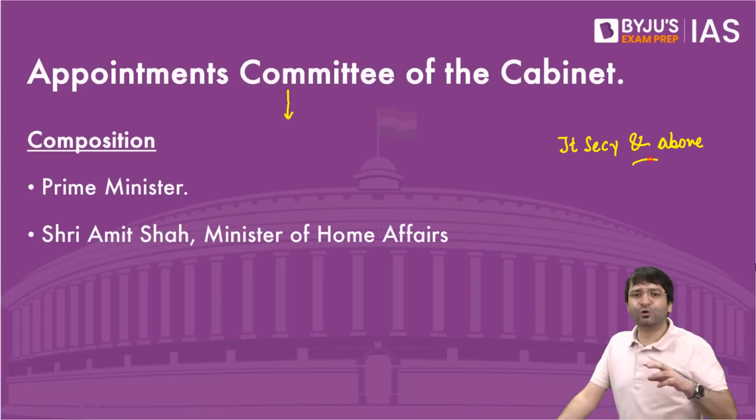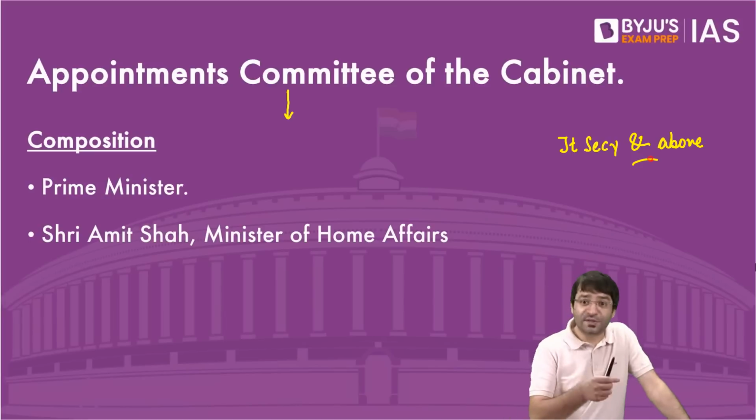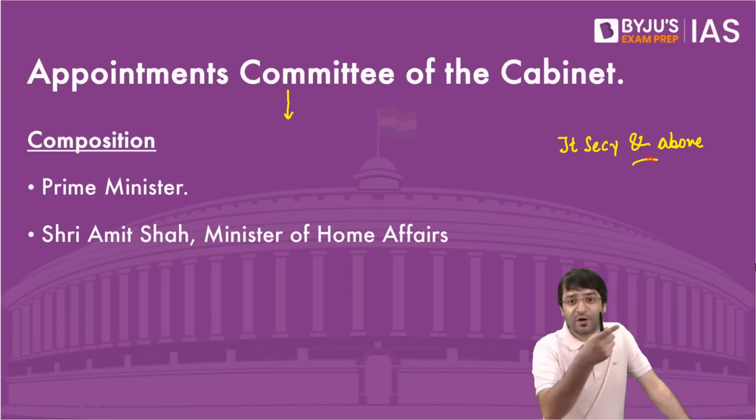For example, who is going to be Secretary of Department of Economic Affairs? Who is going to be the Secretary of Department of Expenditure? Who is going to be the Home Secretary? Who is going to be the Cabinet Secretary? Who is going to be the Foreign Secretary?